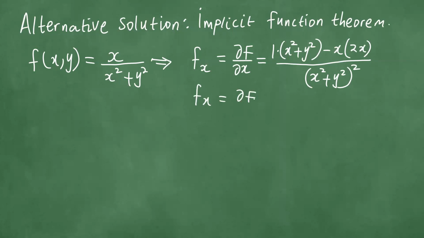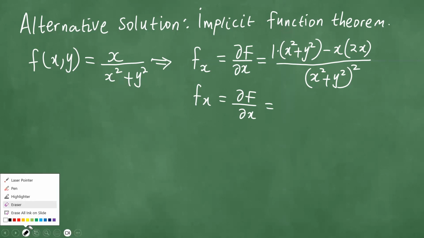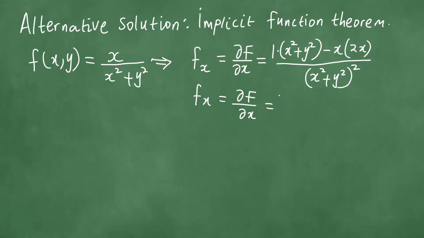So this is x squared minus 2x squared, which is minus x squared, over x squared plus y squared, squared.